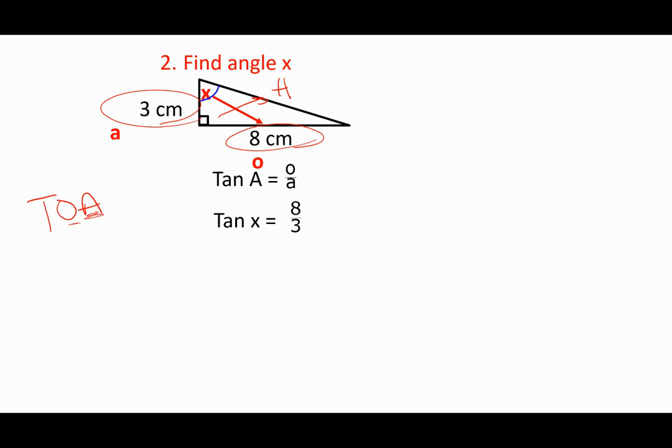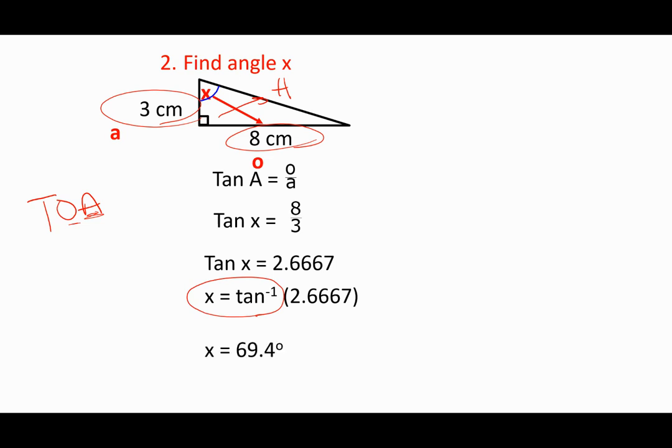So when we do that, we reduce it down into our fraction value. We have the tangent of X is equal to 2.6667. And then, in order to get the angle measurement, we must do our inverse, or our arc tangent. The way we activate that is we do our second button and then our button that says tangent.